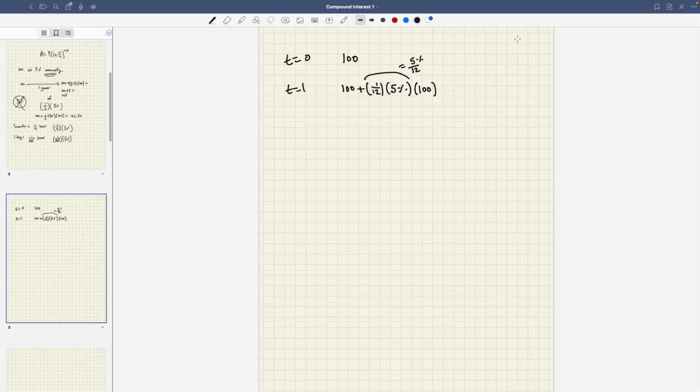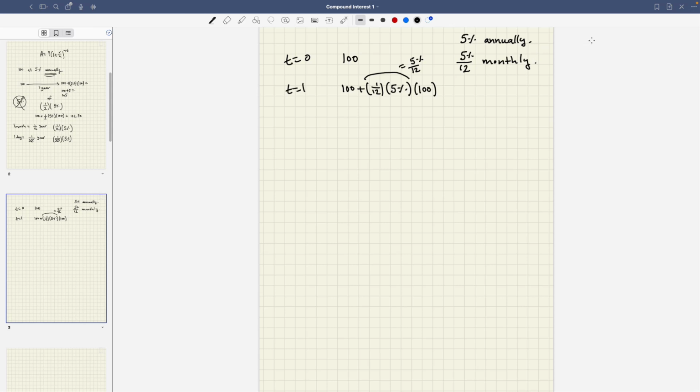If you want to think of it in that way, the rate that was annually 5% changed to monthly 5% divided by 12. This is monthly now. So that's going to be the new rate.